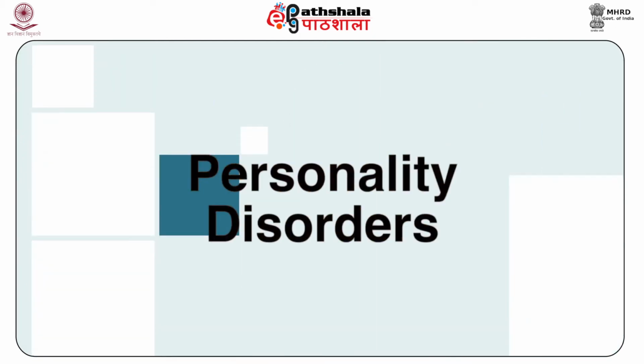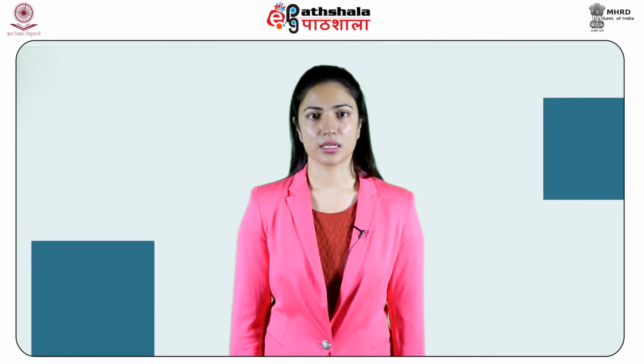Next category we have is personality disorders. The personality disorders that classify as schizophrenia spectrum disorders are the cluster of odd, eccentric personality disorders as described by DSM-IV-TR.